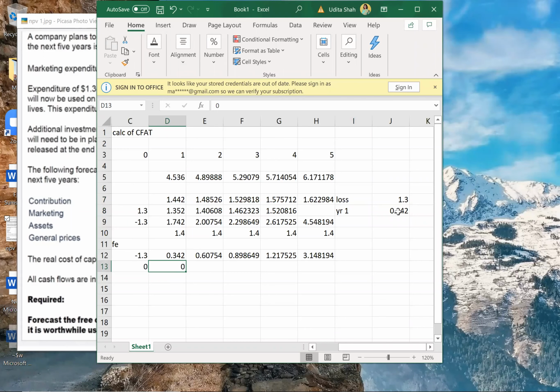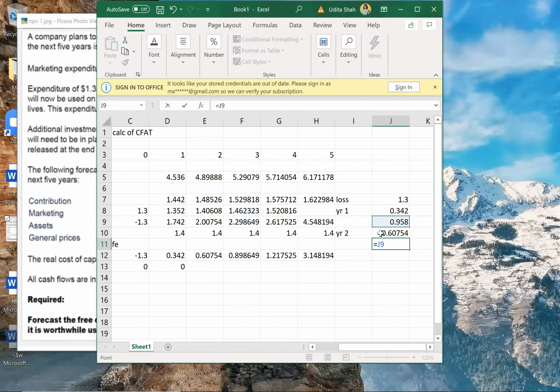So what is the remaining amount then? 0.958 is the remaining amount. So year 2 also, this profit will be used to set off 0.958. Year 2 profit is 0.60754. Again, entire profit has been used to set off the loss, and still the loss has not been recovered.